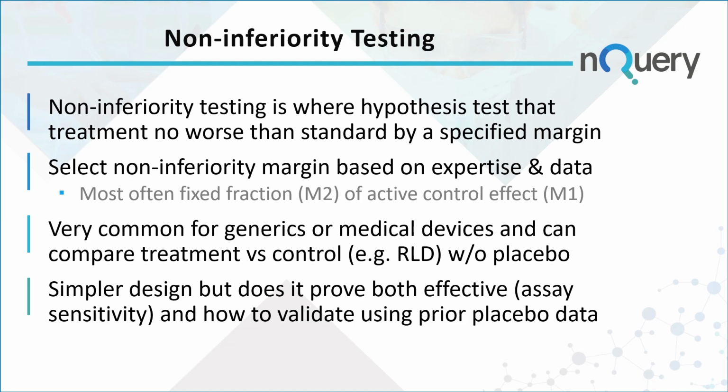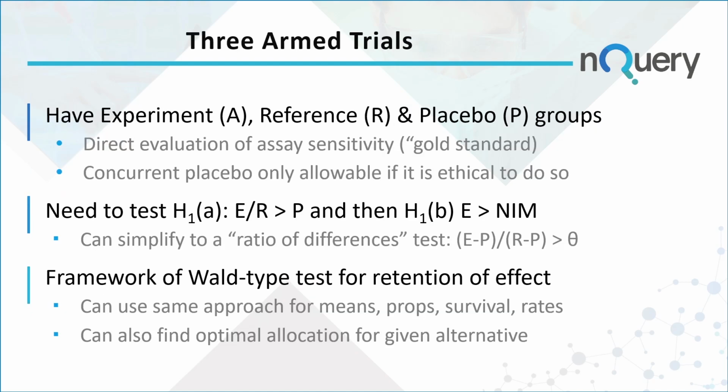So if that's a major issue, and it is a major issue if you go into the guidance on this, what is one solution? Well, one solution would be, rather than having to replicate a prior study, why not just include a placebo arm directly? So bring back in the placebo arm and then compare the placebo arm to the reference group and the experimental group.